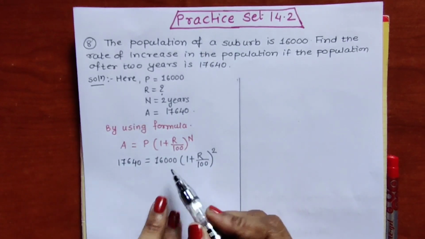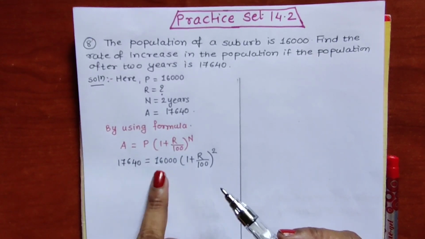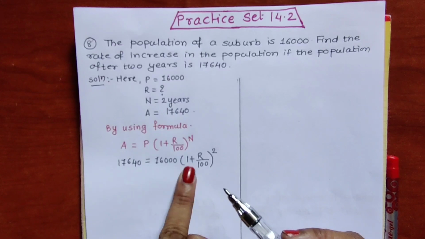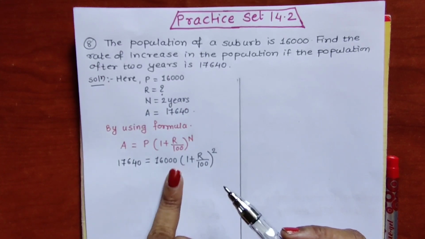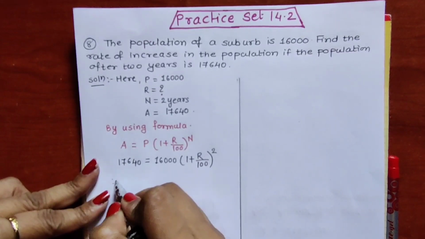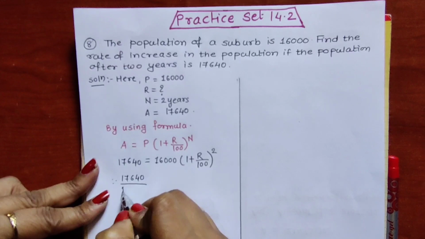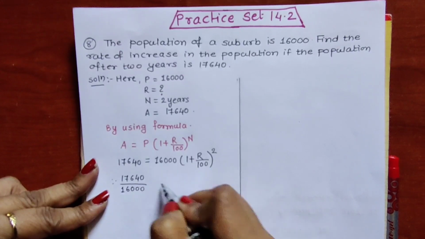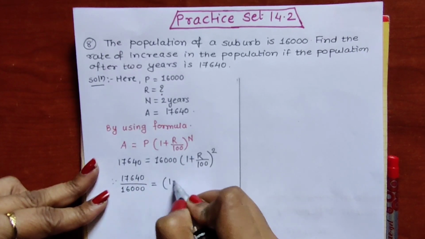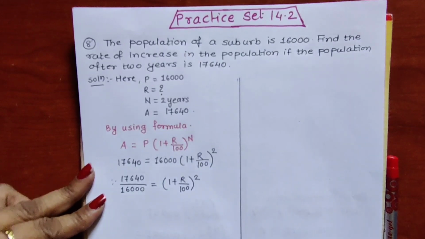Now see children, first I will transfer this 16,000 from right to left. Here it is 16,000 into this bracket. Into means multiply by. So when we transfer it becomes divide by. So therefore 17,640 divide by 16,000 is equal to 1 plus R upon 100 raised to 2. We write as it is.